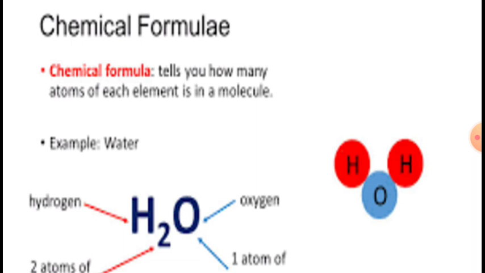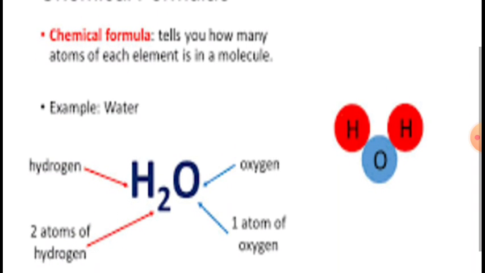We can see from this formula that there are 2 atoms of hydrogen and 1 atom of oxygen in the water molecule. So a chemical formula tells us about the types of atoms in a compound or molecule and also their numbers, how many atoms are present in a compound. From this simple example we can understand.